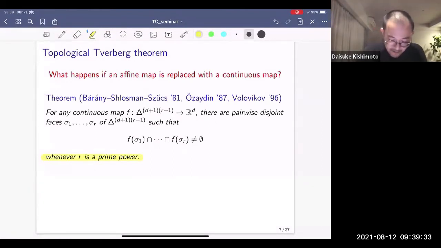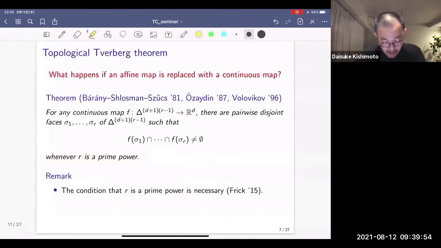And this assumption seems somewhat technical and doesn't seem essential. People were believing that, but actually this assumption is necessary. I mean, if we remove this assumption, R being a prime power, then the theorem doesn't hold.